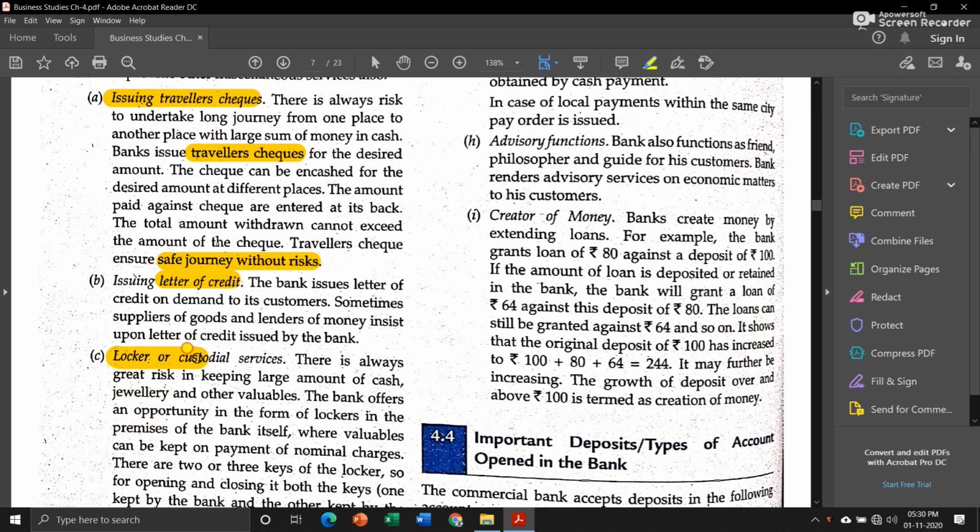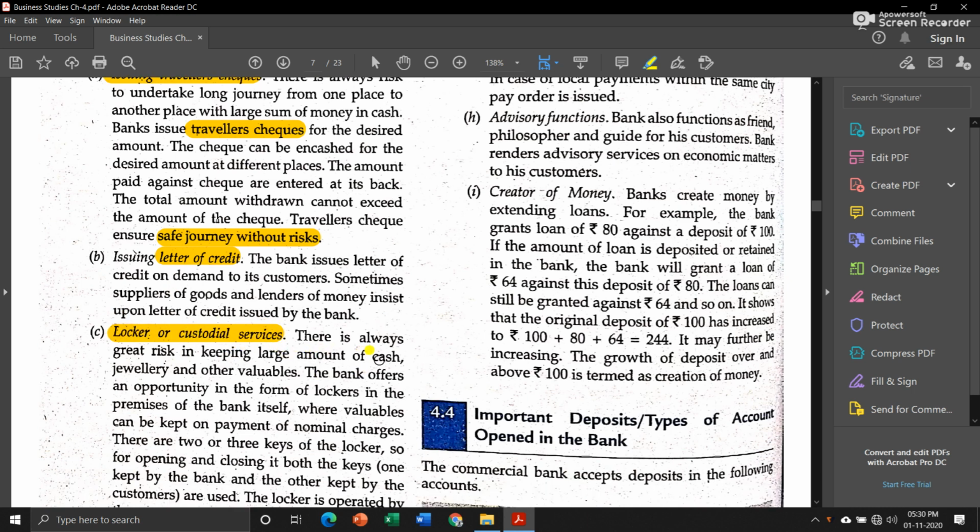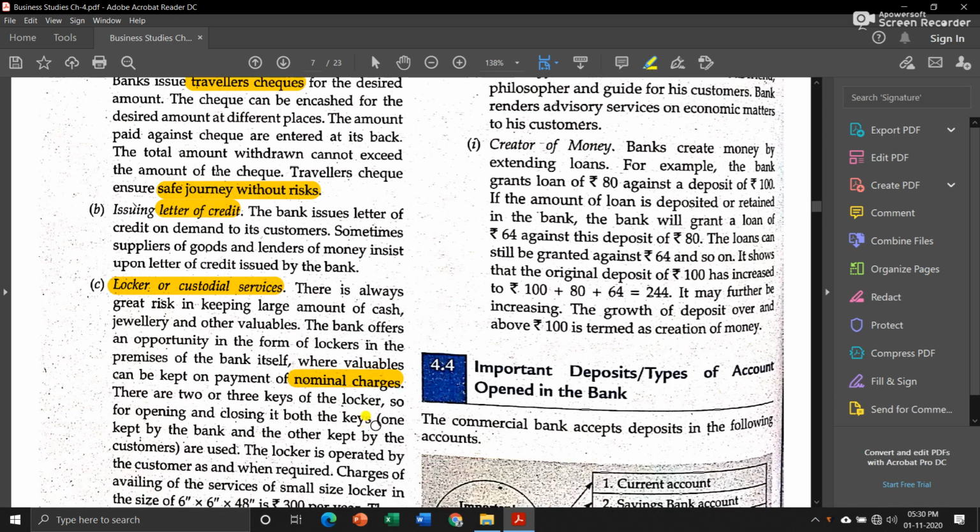Then next is locker or custodial services. There is always great risk in keeping a large amount of cash, jewelry and other valuables. The bank offers an opportunity in the form of lockers in the premises of the bank itself, where valuables can be kept on payment of nominal charges. Means they will provide a locker for you to keep your cash, jewelry and other valuable things.